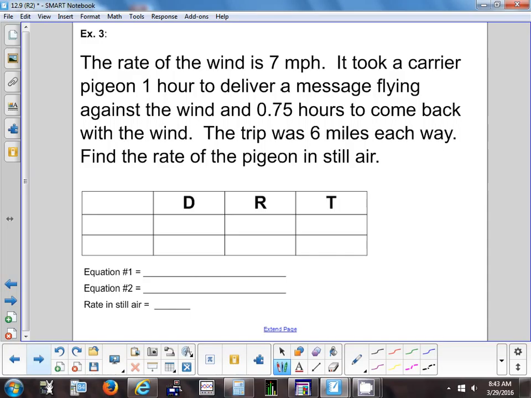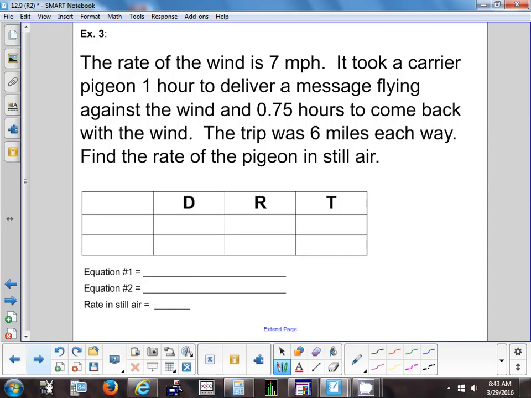So what are the two things that we're trying to find? No names. We think of the two things that are given. The pigeon, but what's the pigeon doing? Flying. Flying where? 6 miles each way.